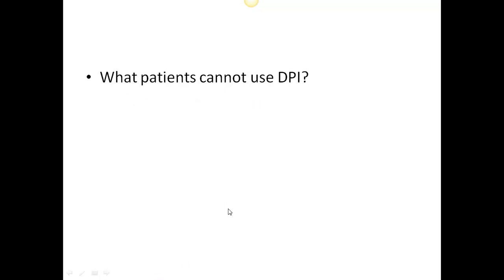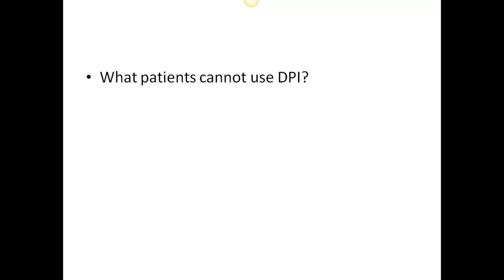What patients cannot use a DPI? Generally, we're going to say children under 5 and those patients unable to generate a high airflow. So during an acute episode, patients may not be able to use the DPI effectively. They may also not work in very high humidity environments.